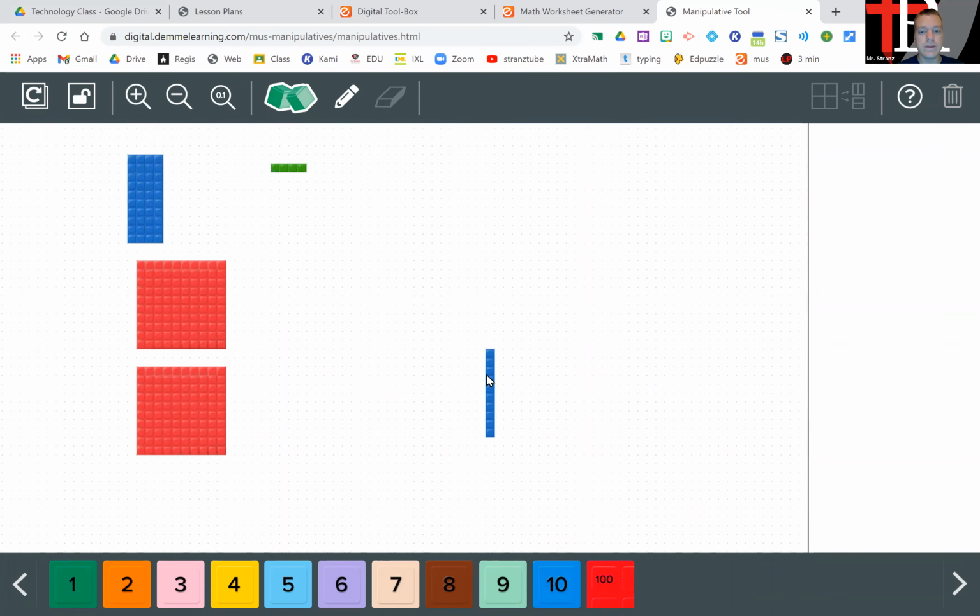It's 4, 5, 6, 7, 8, 9, 10. Feel free to hit the fast forward button if you want until I get all 3 of these blue.